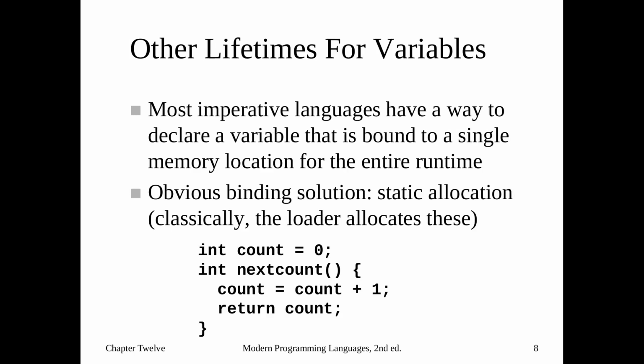There are also other different lifetimes for variables, right? I alluded to this when I talked about static versus dynamic earlier. Almost all imperative languages, as it says here, have a way to declare a variable that is bound to a single memory location for the entirety of the runtime. This is basically what we'll call a global variable.